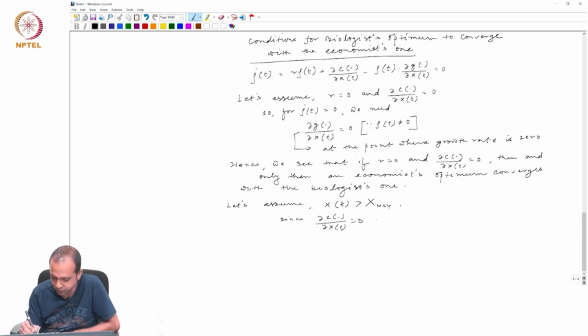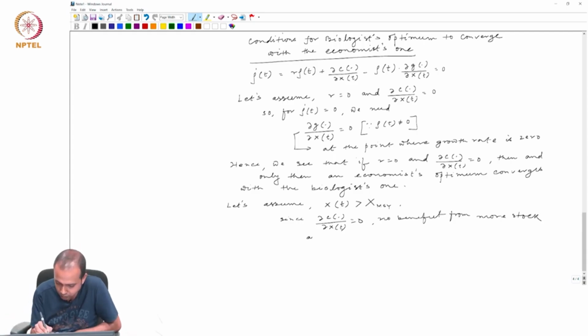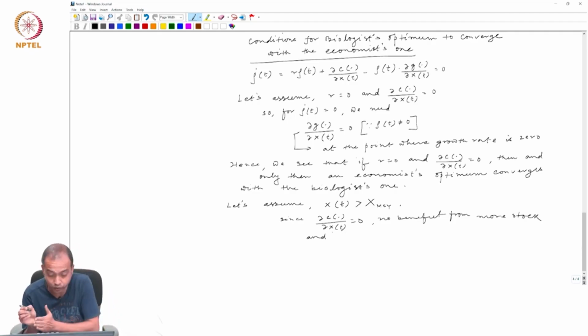Hence, there is no benefit from holding extra stock.